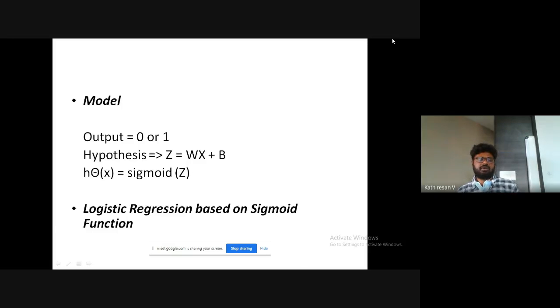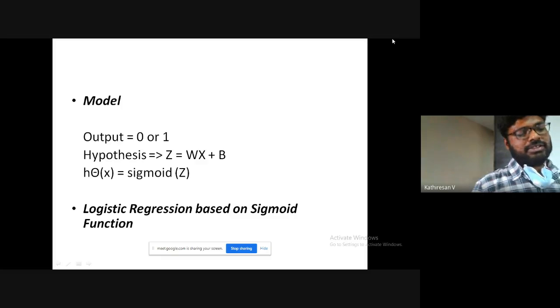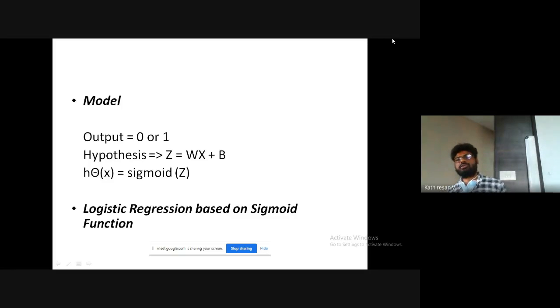Normally this probabilistic model, the logistic regression, gives output 0 or 1. Now we are dealing with binary logistic regression, so it gives output 0 or 1.